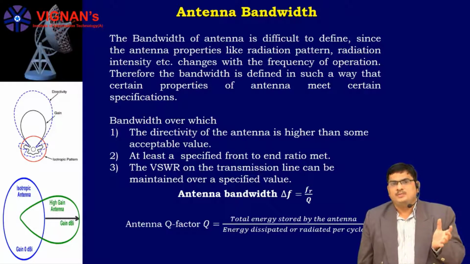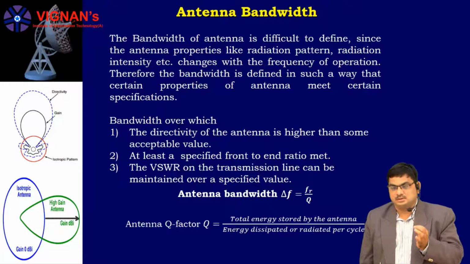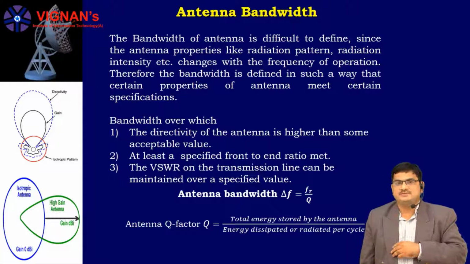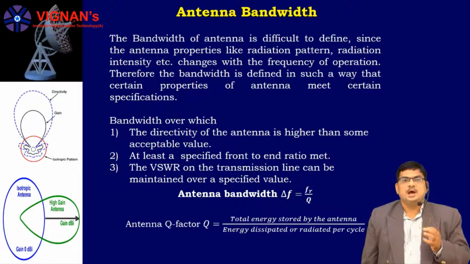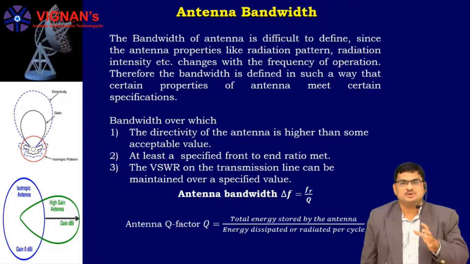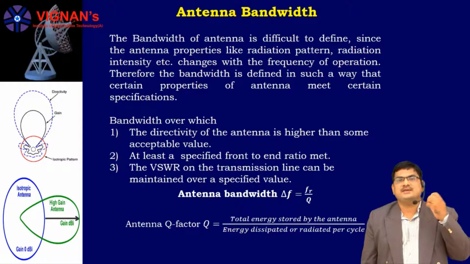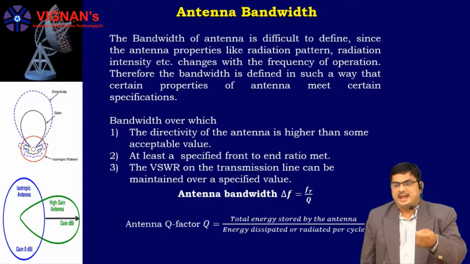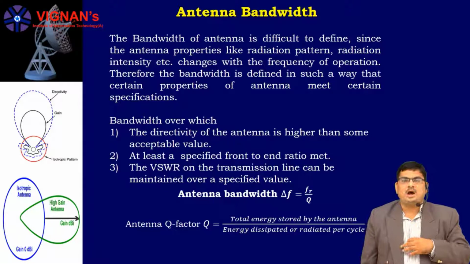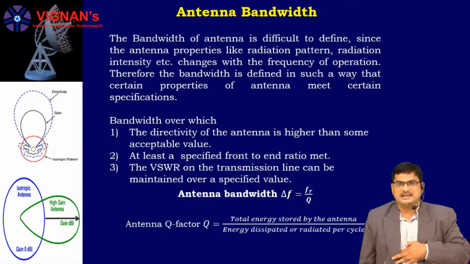Also, from the bandwidth we can observe that delta F equals FR by Q. So antenna bandwidth is always inversely proportional to the quality factor Q. This quality factor can be defined as 2 pi times the total energy stored by your antenna divided by the energy dissipated or radiated per cycle.